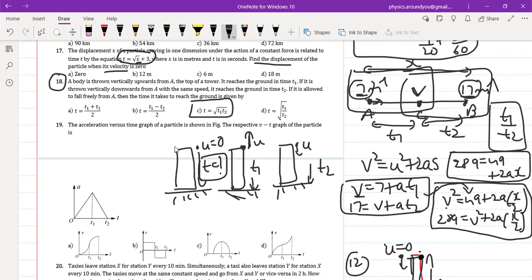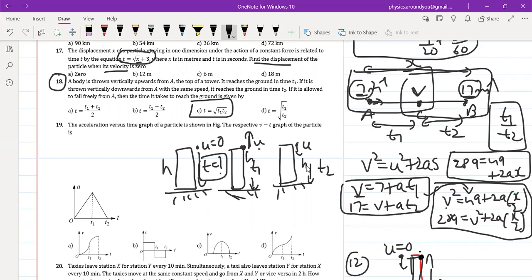All in all, in the three things, the common factor is H. The result says T should be equal to root of T1 and T2. Well, is there any way where I can make this easier?